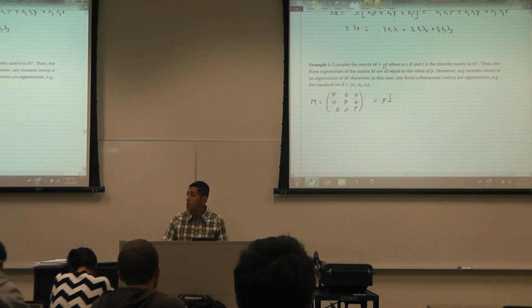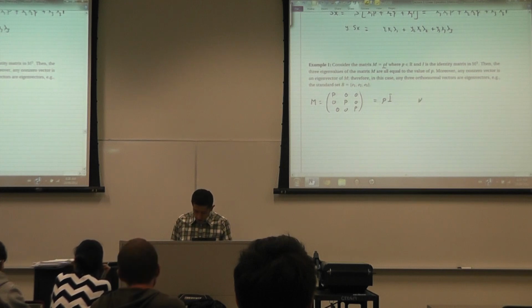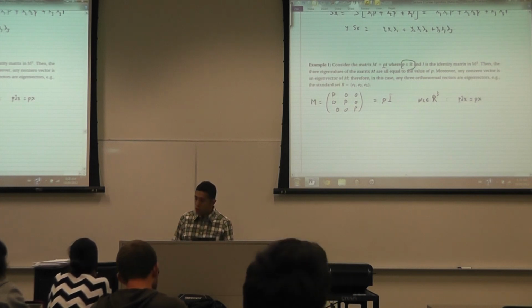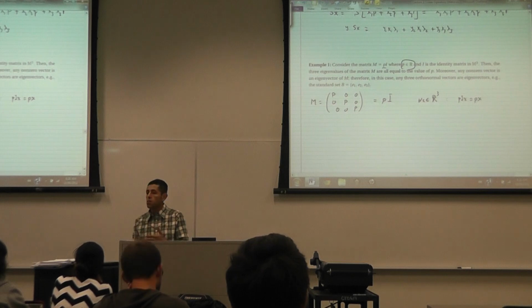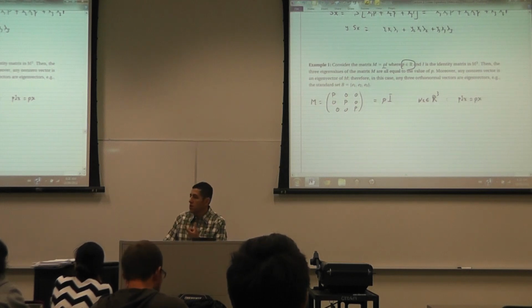All vectors, exactly. All the vectors in the space are eigenvectors, because for all vectors in R3, when I multiply pIx, I'm going to get px, where p is a number, which means I'm keeping the same direction, I'm just increasing the vector, multiplying its length by p.